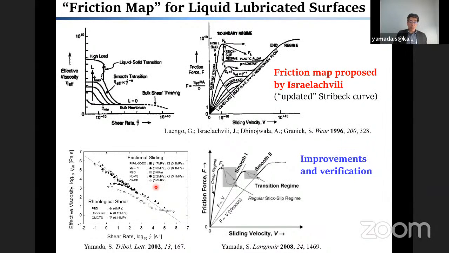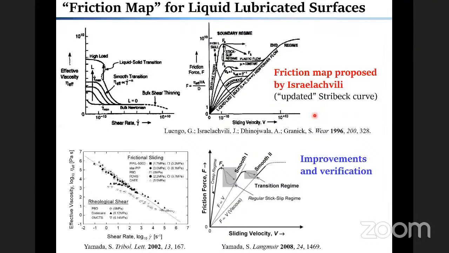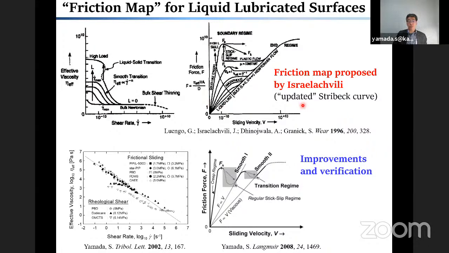Now, let me come back to the topic of updating the Stribeck curve for smooth surfaces. As I already described, the horizontal axis of the conventional Stribeck curve is not appropriate, so we measure as a function of sliding velocity. Based on the SFA experiments, Jacob Israelachvili proposed a new viscosity map and friction map for smooth surfaces which quantitatively bridge rheology and tribology.